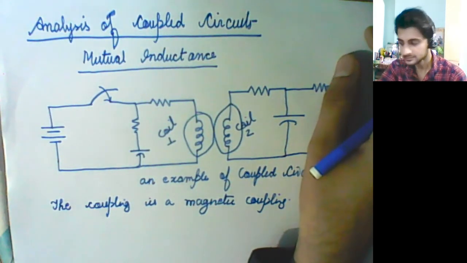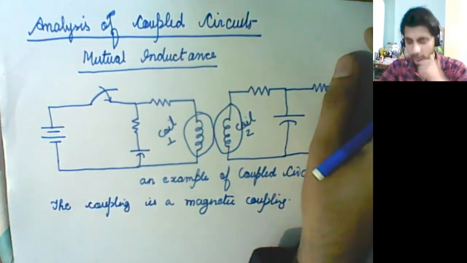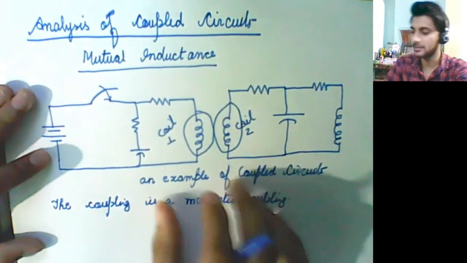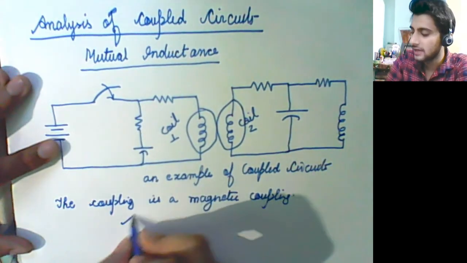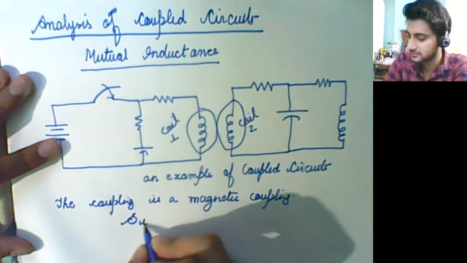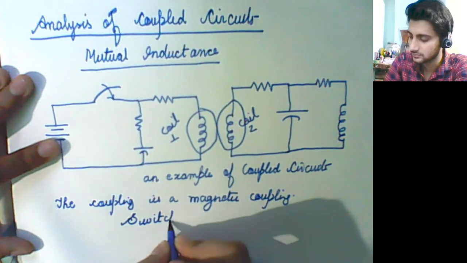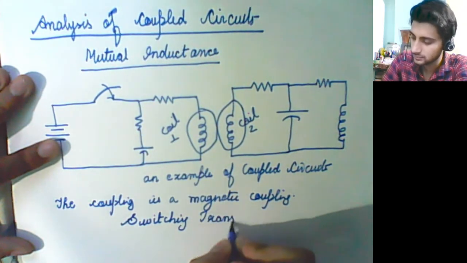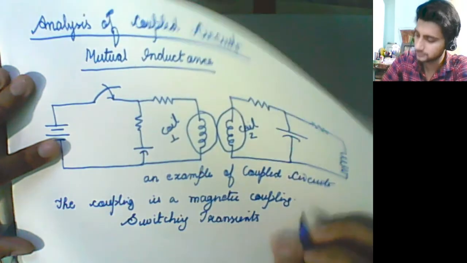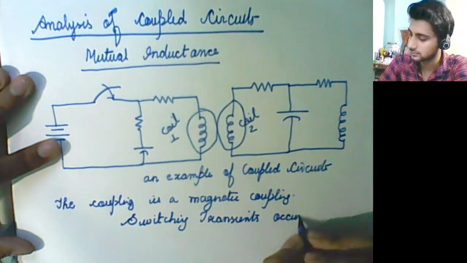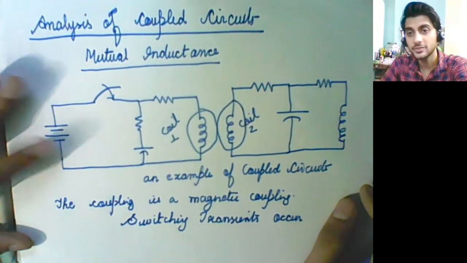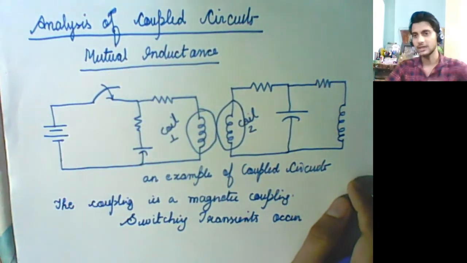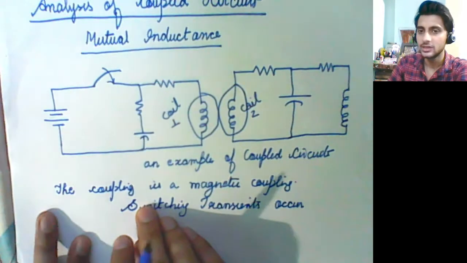Okay, so first of all, you understand that mutual inductance or coupling is only possible where switching transients occur.